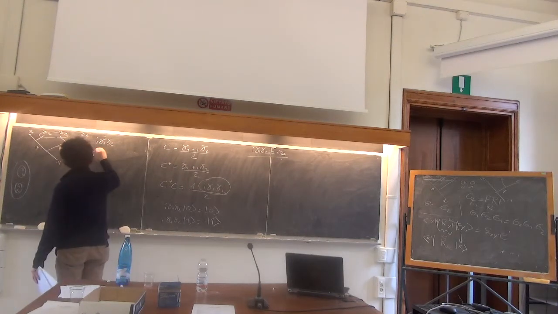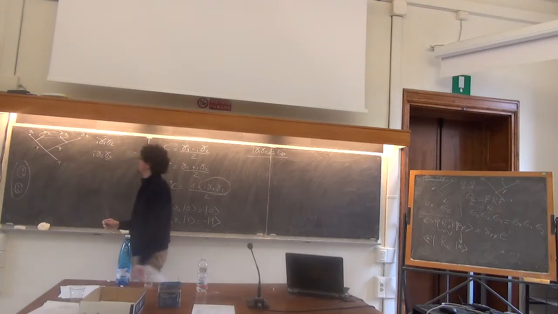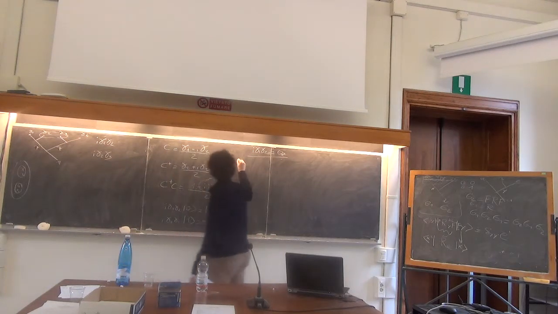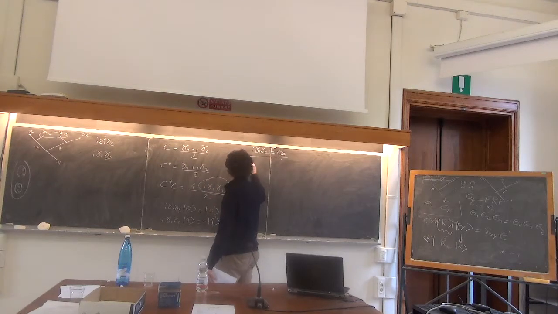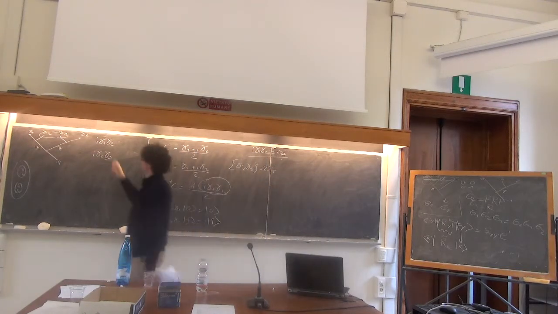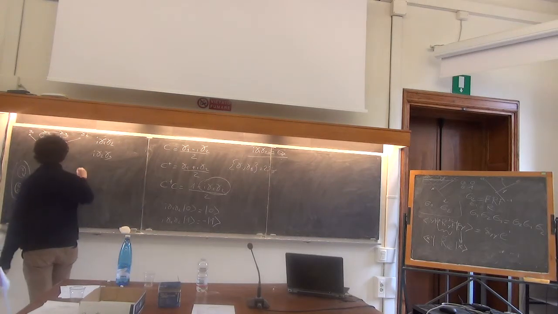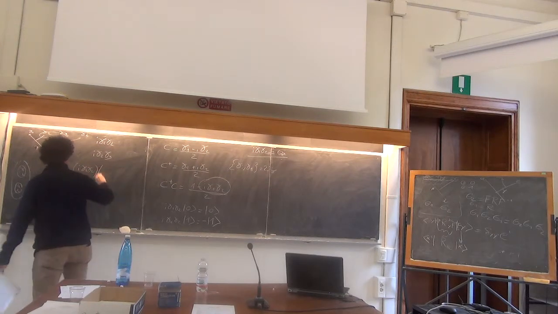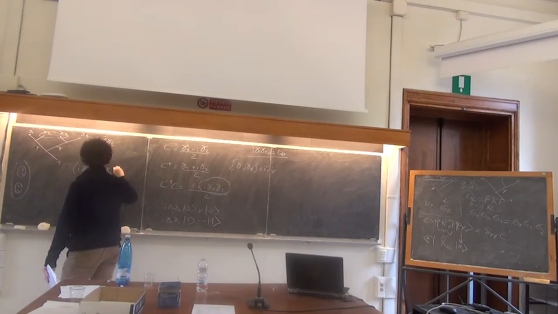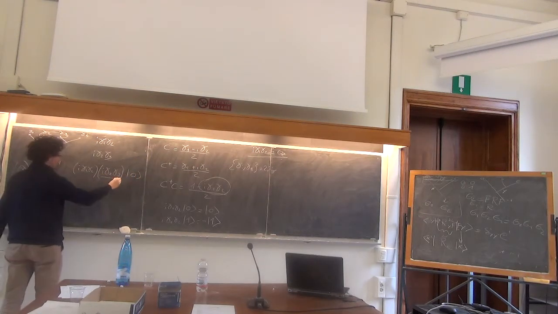And I want to know what is this operator i gamma 2 gamma 3. And of course, using the algebra that I just wrote, you see that this object anti-commutes. In particular, I can evaluate what happens if I start from the state 0, in which I apply this operator.